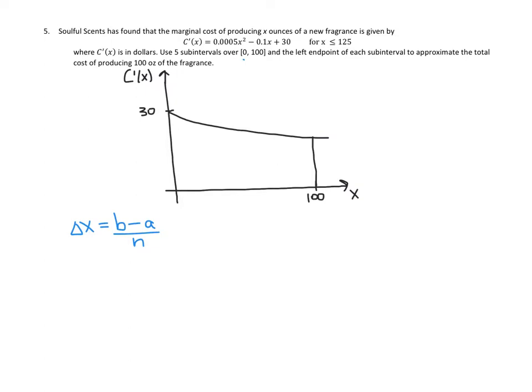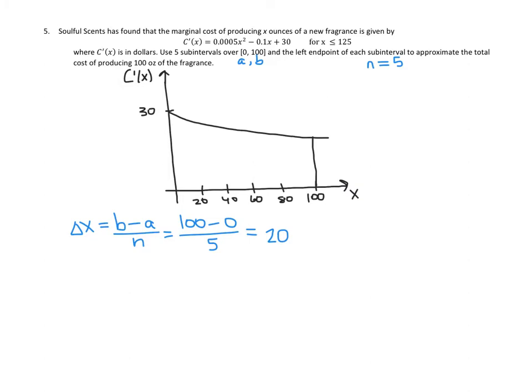So 0 is our a and 100 is our b. So 100 minus 0 divided by n, and n is the number of subintervals, which in this case is 5. So 100 divided by 5 gives us 20. The width of each of our rectangles is 20.